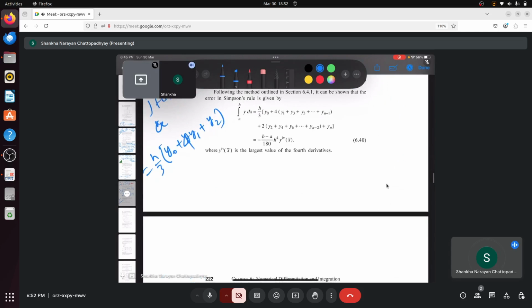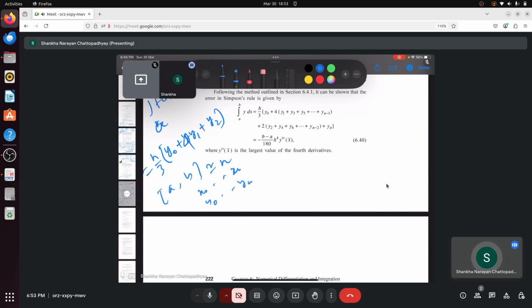Next, how do you consider the composite Simpson's method? You just break the interval a to b, upon which you want to integrate, into n sub intervals, x0 up to xn.